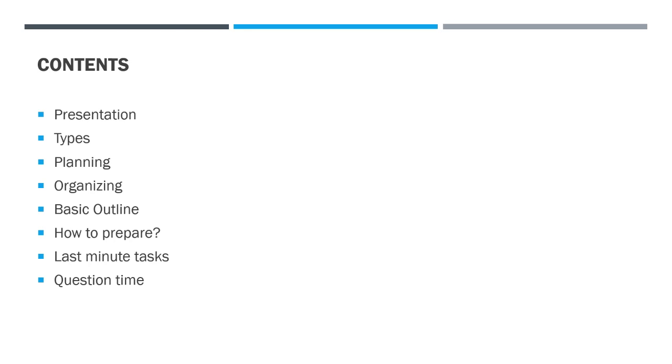So you will be understanding what the different types of presentation are, what the basic outline of the presentation is, and how to organize your presentation, because you'll be involved in a lot of presentations, maybe in your future semesters, for a specific topic in front of your own friends. And even if you want to present a particular topic in front of a specific audience, then you have to follow a certain procedure for presenting the topic in a well effective manner.